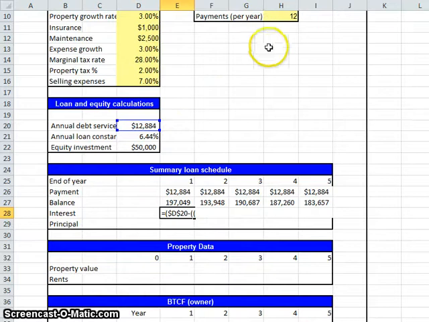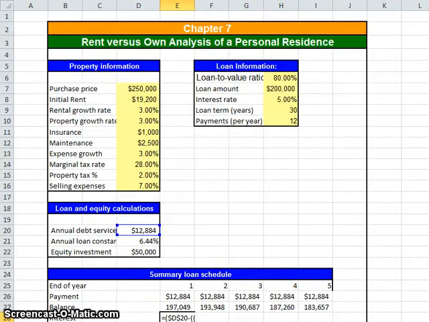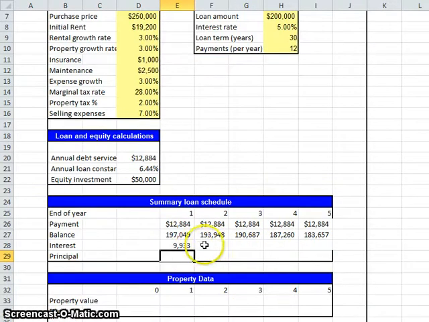And then we're going to take our 200,000. It's going to also be a constant minus our balance. Get 9,993.